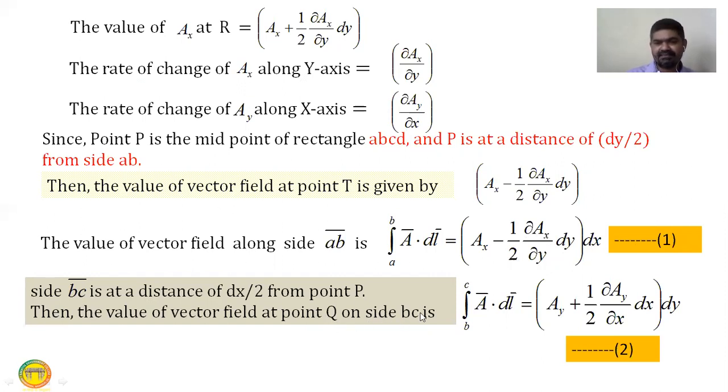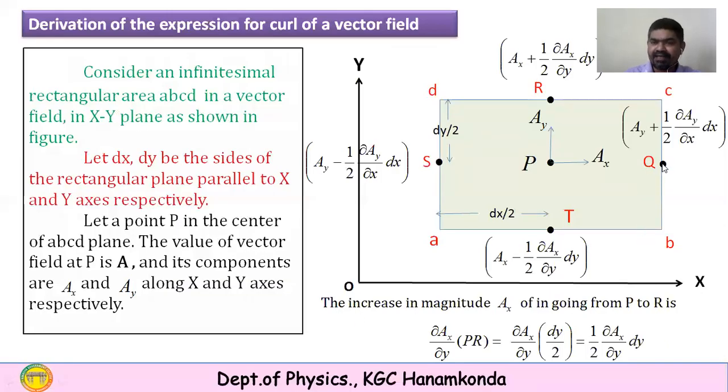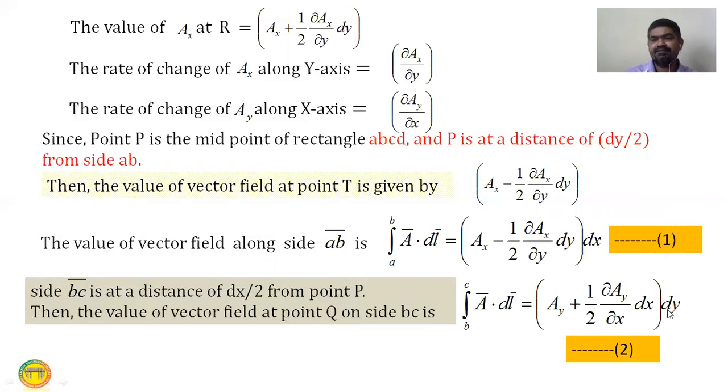Therefore, the line integral from B to C of A dot dl is, at point Q, AY plus 1 by 2 into dou AY by dou x into dx, which is multiplied with this side, which is dy. Therefore, the line integral value is the value at Q into dy. The value at Q is AY plus 1 by 2 into dou AY by dou x into dx, into dy. Say this is equation 2.